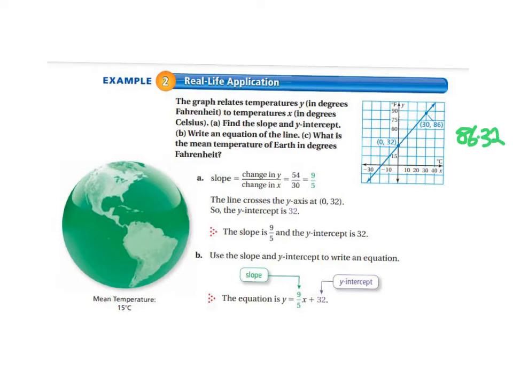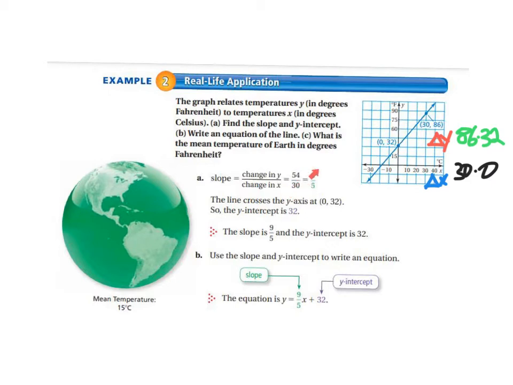That would be the change in y, and 86 minus 32 is 54. And then we have 30 minus 0, which is real simple. 30 minus 0 represents the change in x. So you see we have it right here, it's 30. So 54 over 30, so we would simplify that to get the slope.